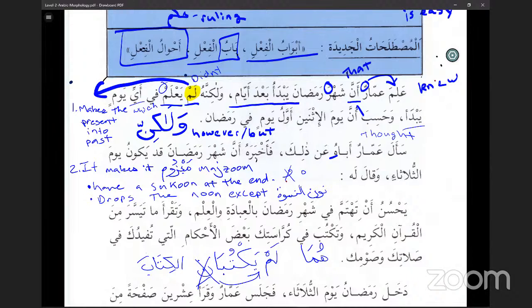So Ammar thought that the month of Ramadan begins after some days. ولكنه, however, he لم يعلم, didn't know في أي يوم يبدأ, on which day it begins. وحسب, and he thought. وحسب أن, we just took أن, that يوم, look at this, it forced it to have a fatha. أن يوم الاثنين.